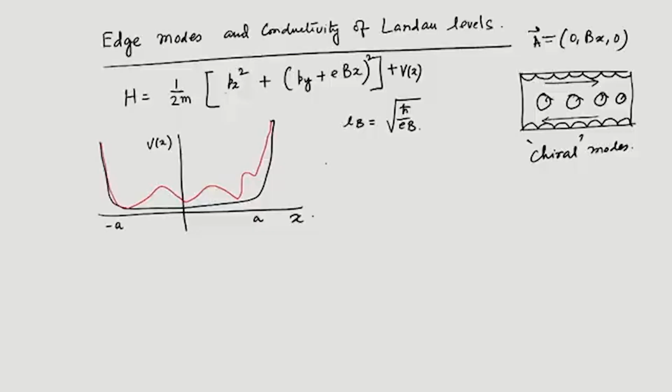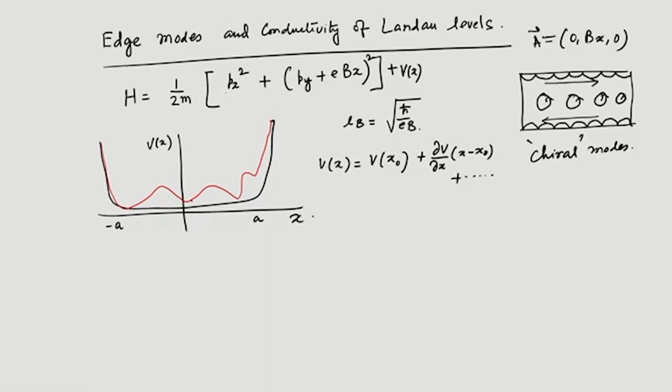So we can do a Taylor expansion of this potential V(x), which is equal to V(x0) plus dV/dx times (x minus x0) plus other terms which we neglect. See, V(x0) is a constant, as you are doing a Taylor expansion about a point x0 and assuming that this is smooth.